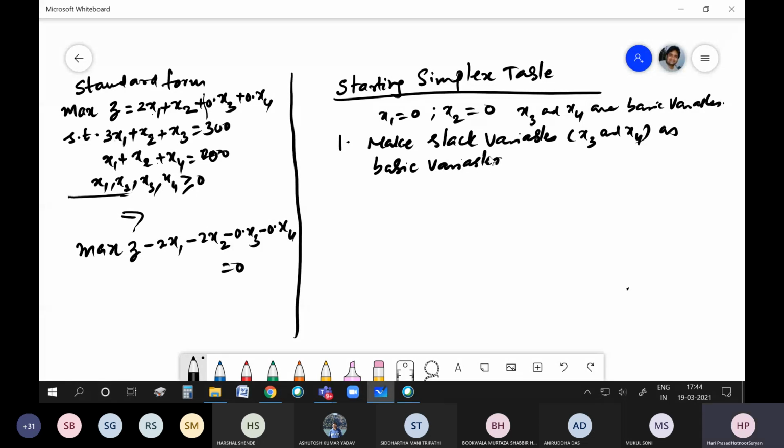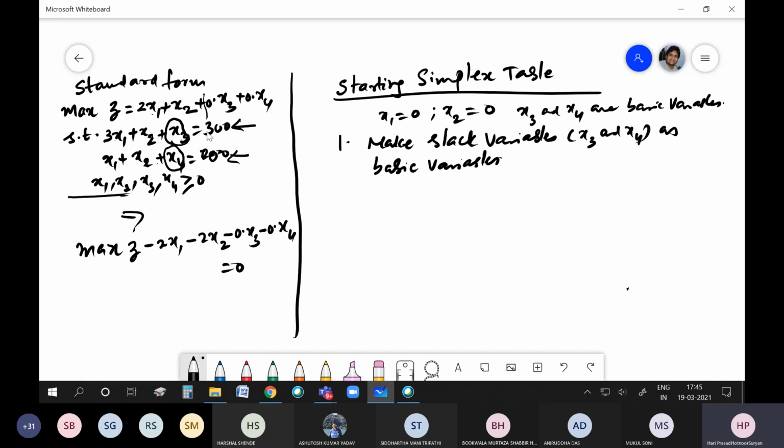In the first constraint, which is the basic variable we have? x3, because x1 and x2 are now non-basic variables. Similarly, in the second constraint, you have x4 as the basic variable. So this is called the basis for this equation.